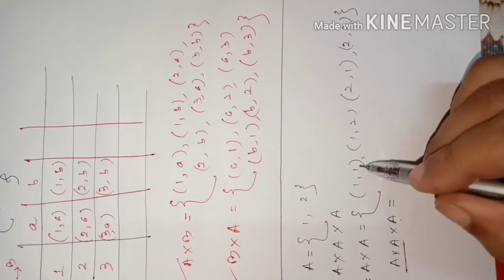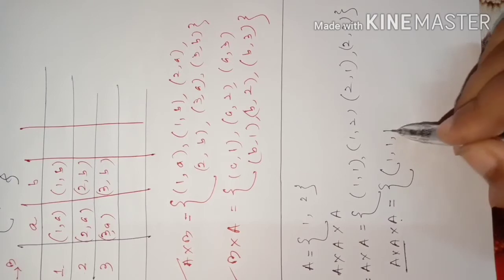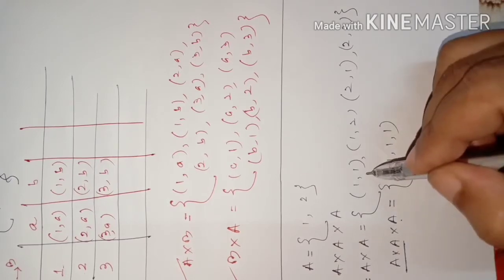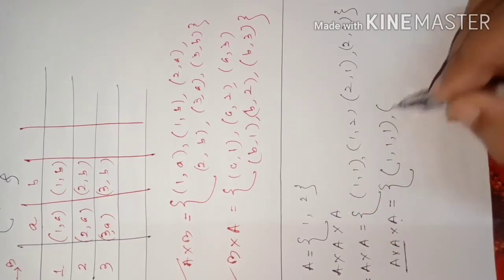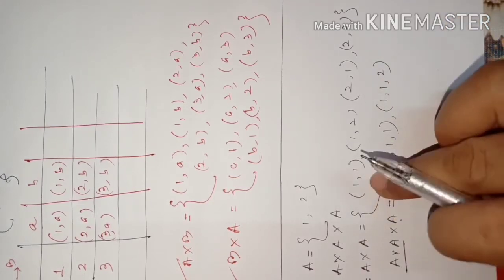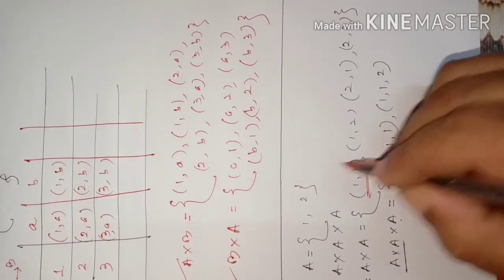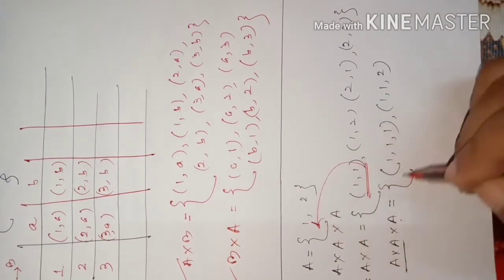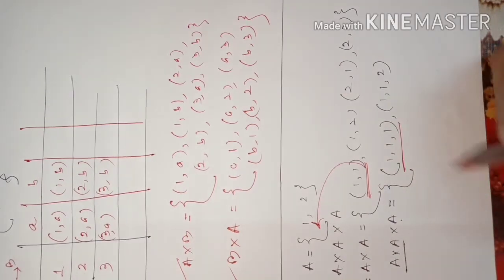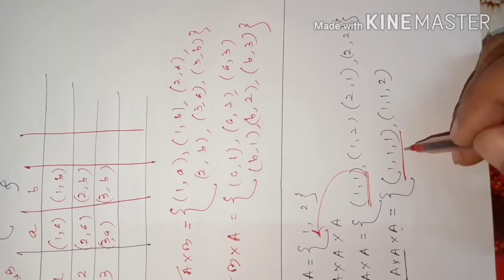So (1, 1) with 1, then it will be (1, 1, 1). Then (1, 1) with 2, then it will be (1, 1, 2). When (1, 1) is over, you link like this and join with the next element. Not an ordered pair, it is an ordered triplet.